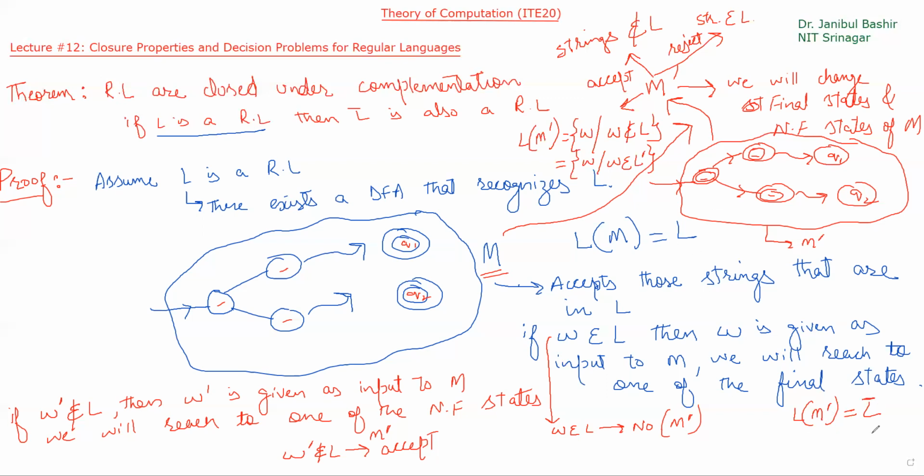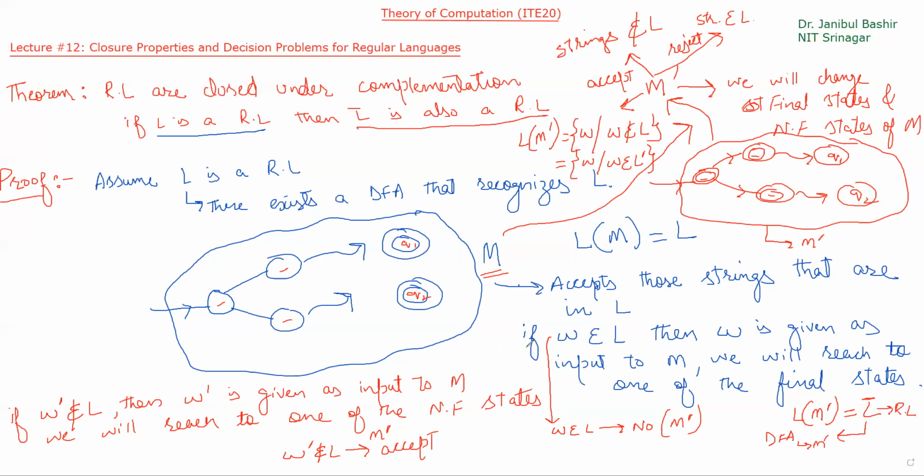So for the complement language, there exists a DFA M dash. And we know that for any language, if there exists a DFA, that particular language is a regular language. So L dash is a regular language. This proves our statement that L dash is also a regular language. How have we proven it?